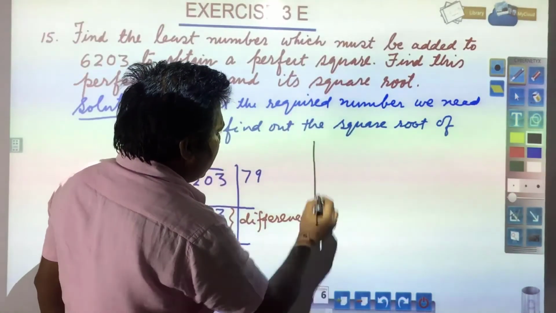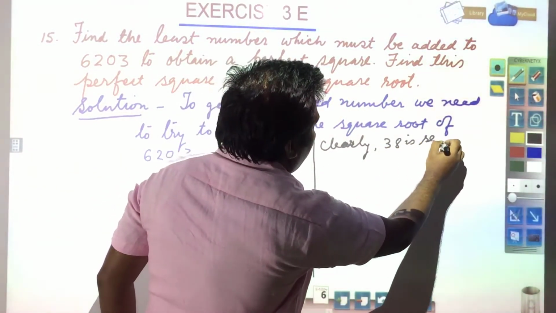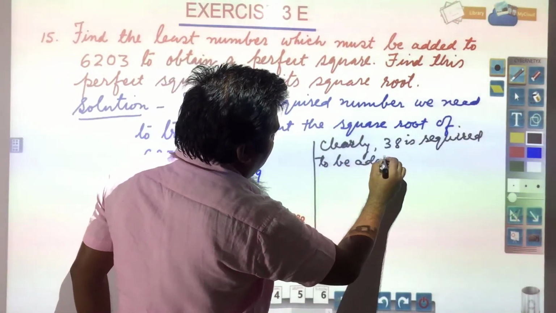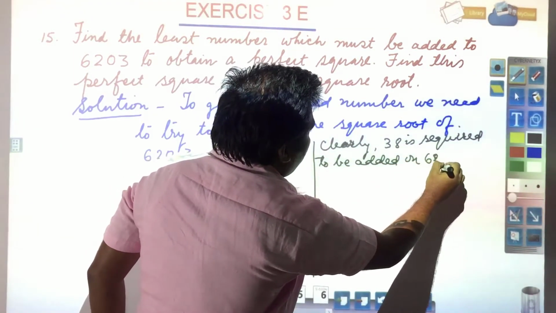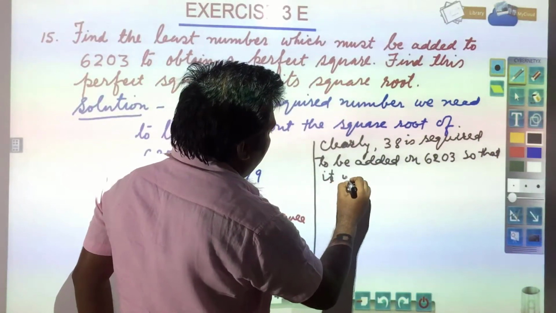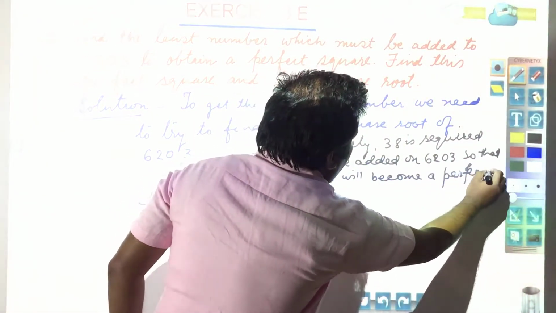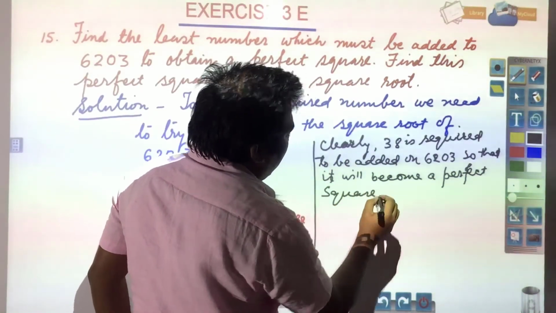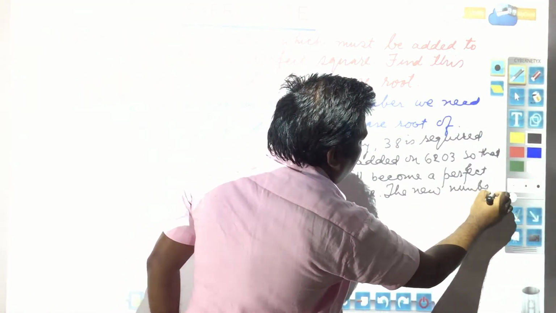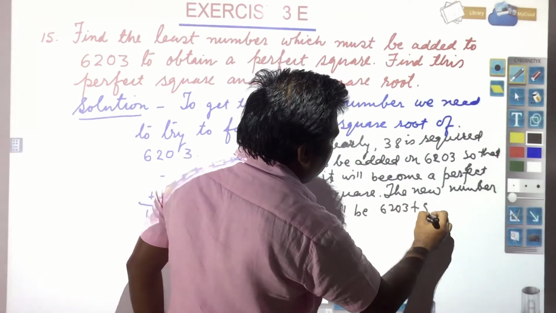Here we will write clearly: 38 is required to be added on 6203 so that it will become a perfect square, and the new number would be 6203 plus 38.